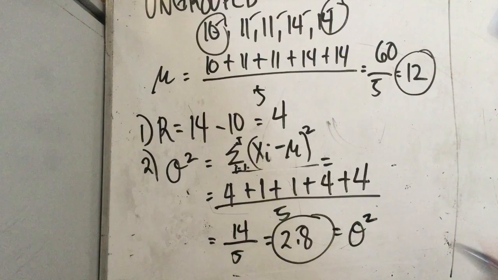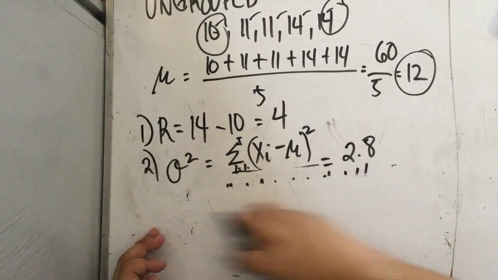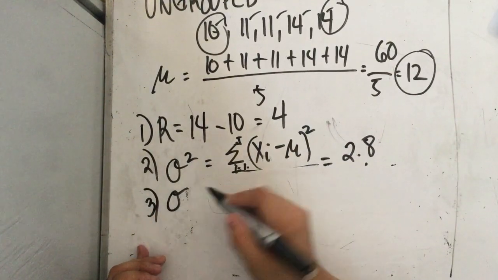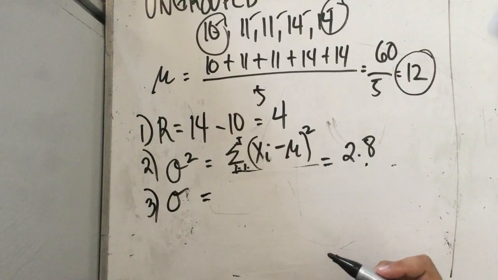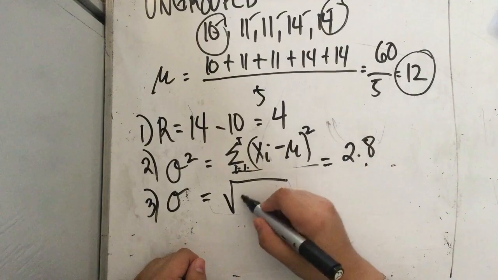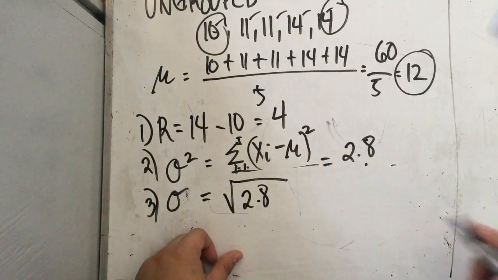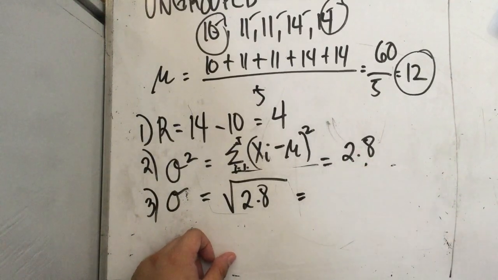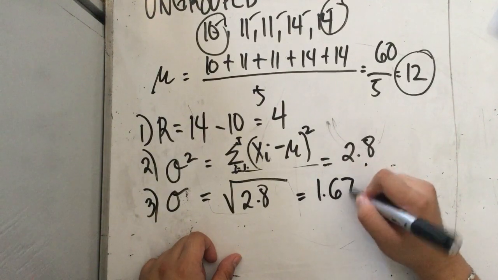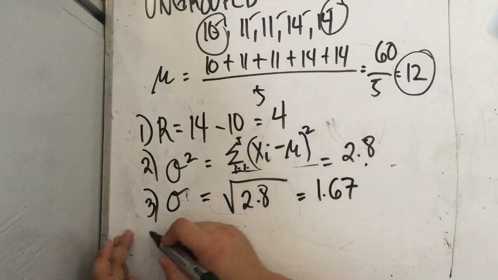So once we get our variance, madali na lang sa ating compute si standard deviation. So standard deviation is actually equal to the square root of your variance. So square root of 2.8. Okay, so the square root of 2.8 is equal to 1.67. That is your standard deviation.